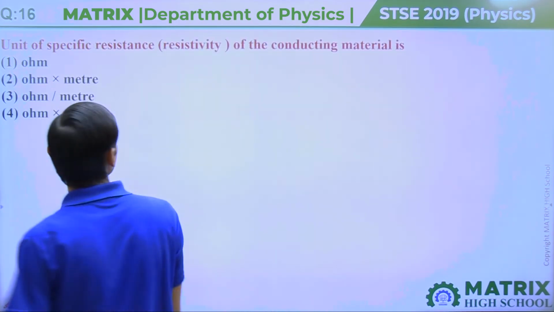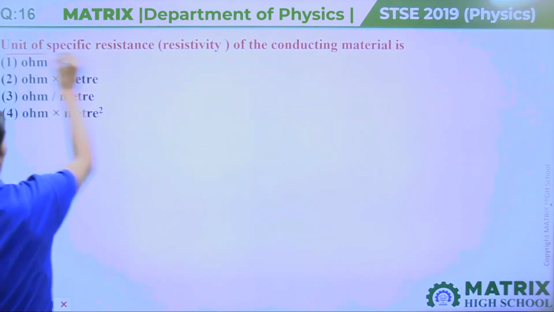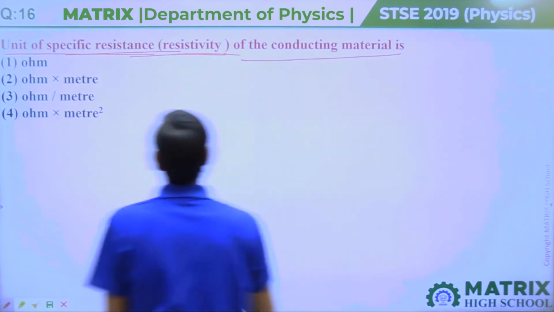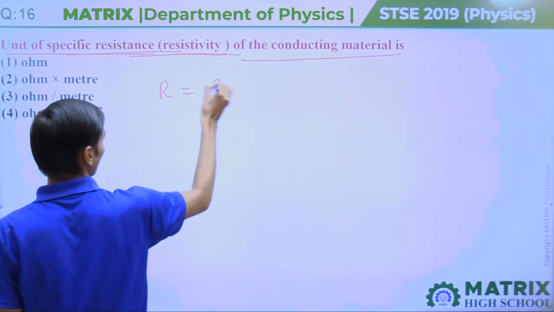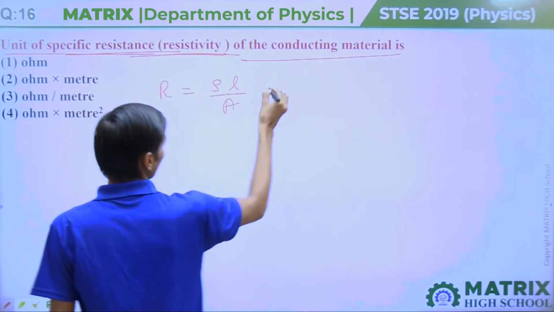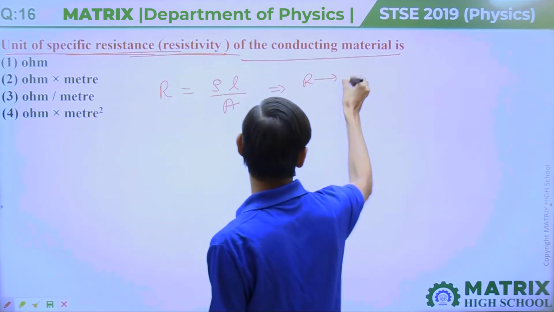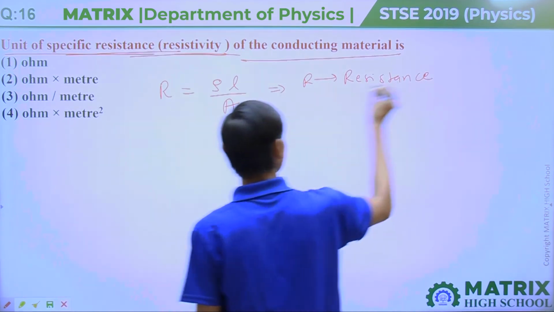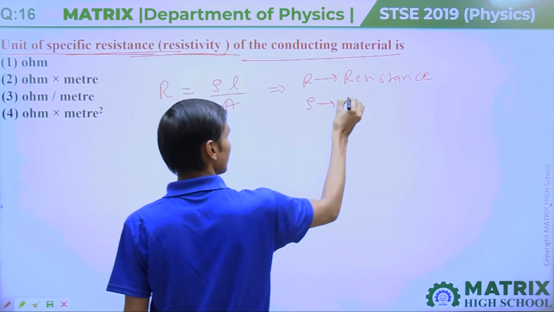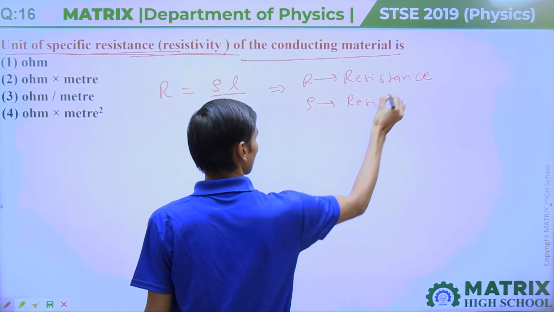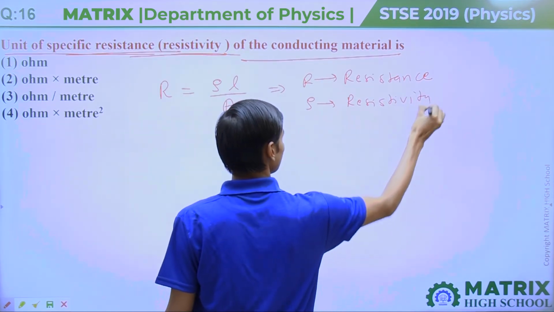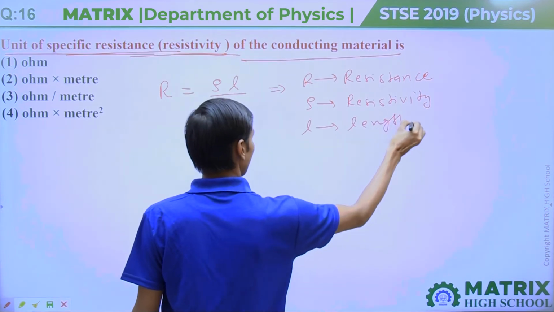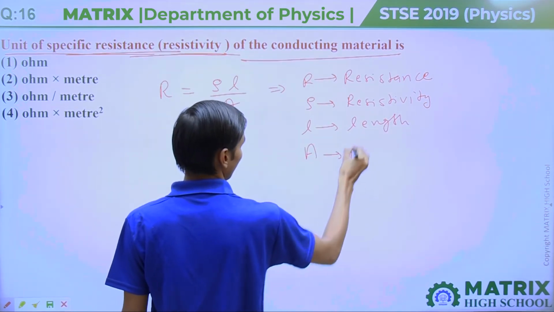Next question number 16. The unit of specific resistivity of the conducting material is, as we know, resistance is rho L by A, where R is resistance, rho is resistivity, L is length, and A is area.